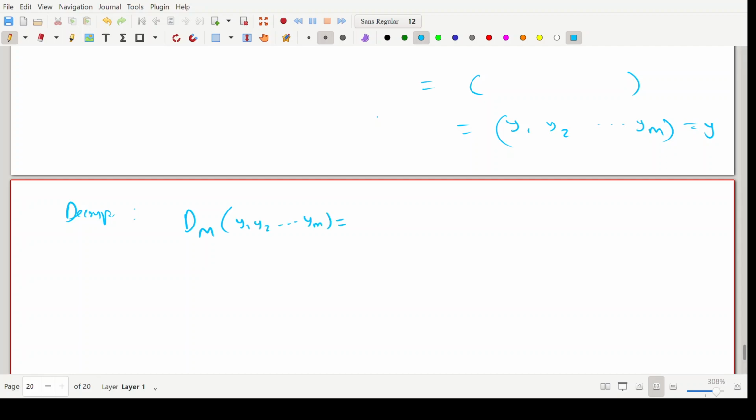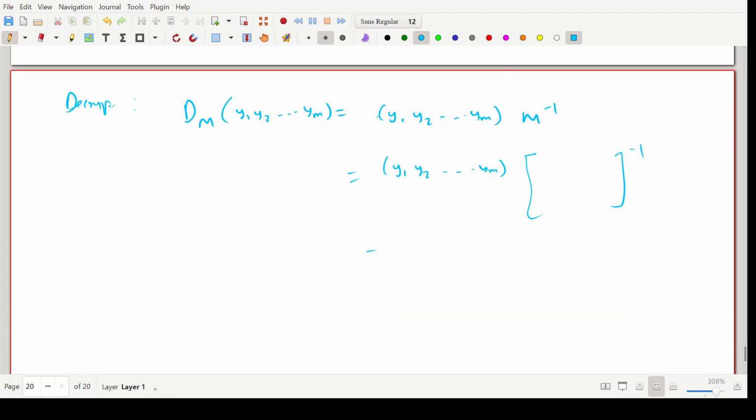It is equal to y1 y2 up to ym multiplied with M inverse, and you will be getting the plain text x1 x2 up to xm.